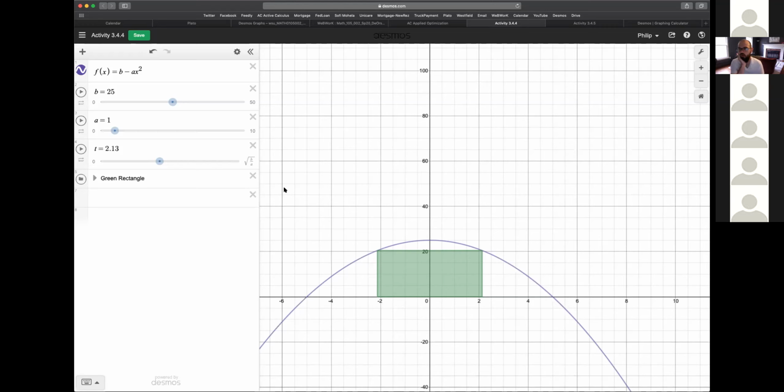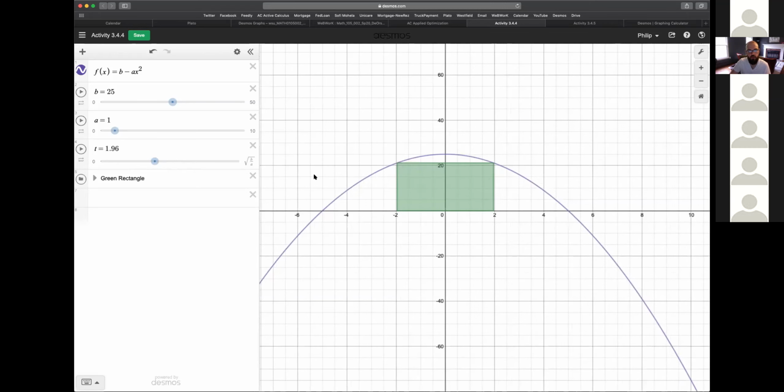Okay, so what do you all think? I think our step one is taken care of. Step one is draw a picture.